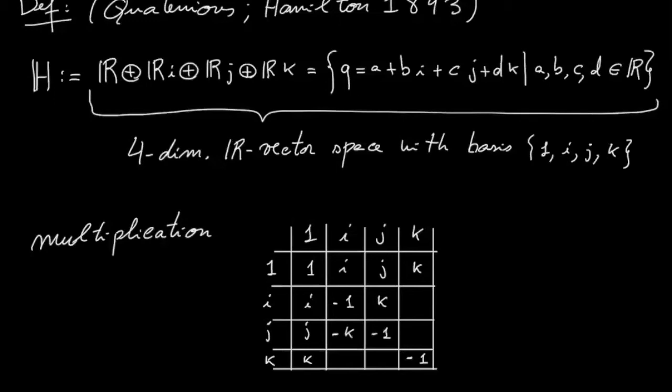So here you see the non-commutativity. jk is equal to i. In contrast, kj is equal to -i. So again, the non-commutativity. And ik is equal to -j. And in contrast, ki is equal to j. So using this multiplication table and distributivity, we define a multiplication of any two quaternions.